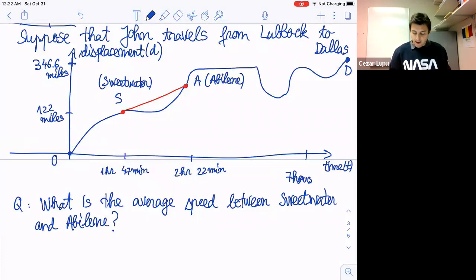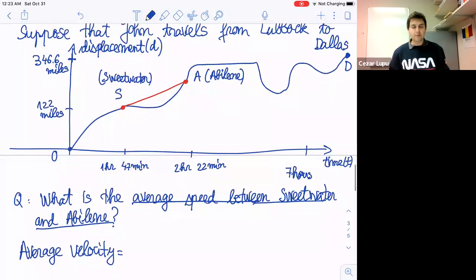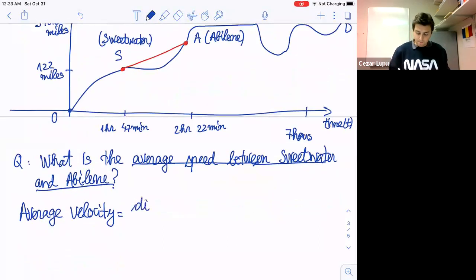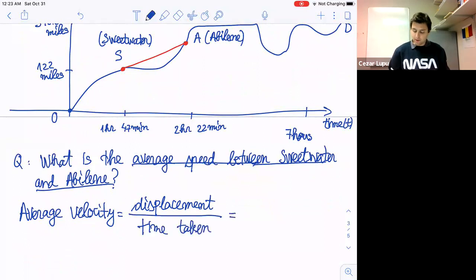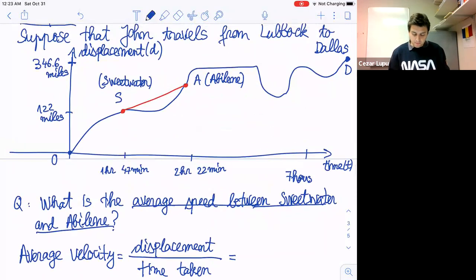Well, the average velocity, so the average speed between these, we know that the average velocity is nothing else than the displacement over time taken. Okay, and now let's see, you look at the displacement between the two.